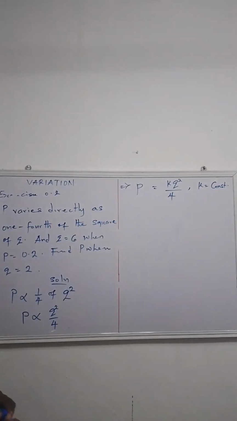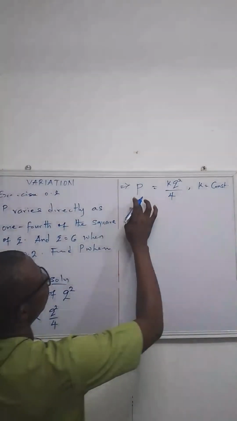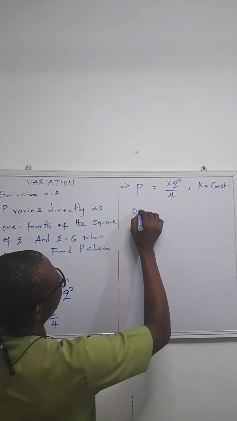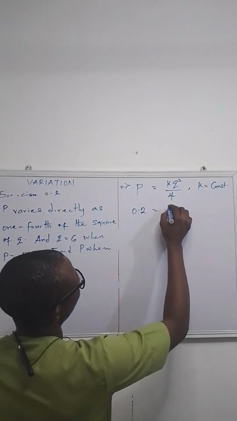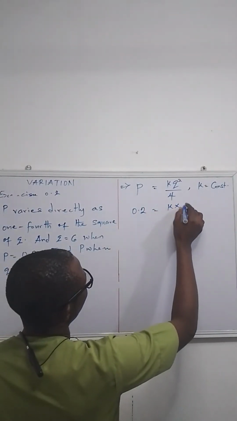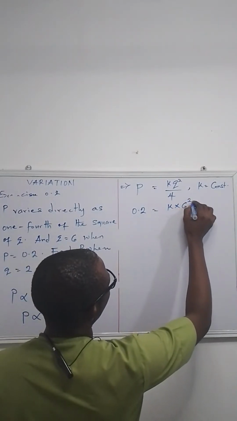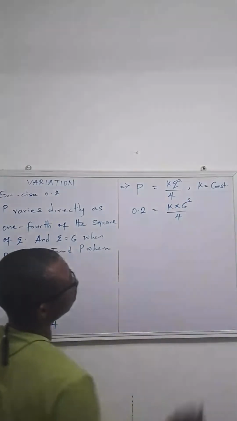Now let's look at the question and plug in the values of P and Q. In the question we are told that Q is 6 and P is 0.2. So we have 0.2 equals K times 6 squared over 4.